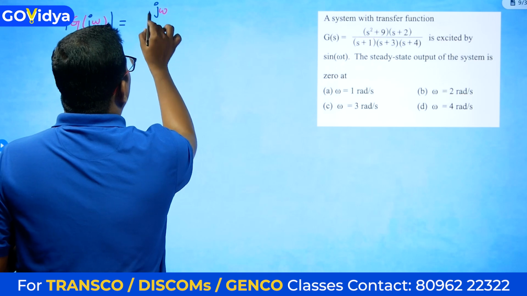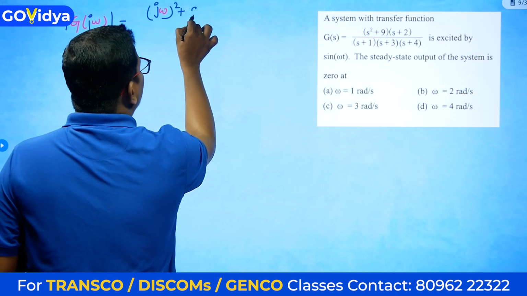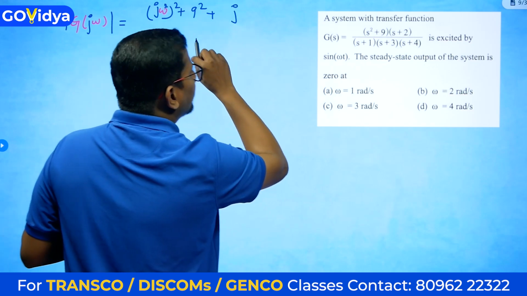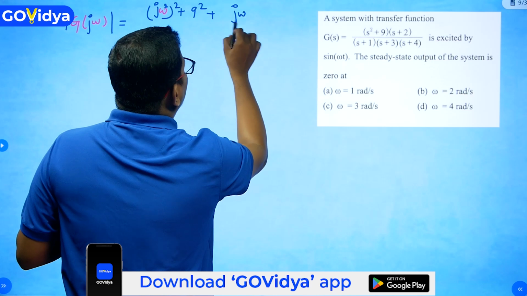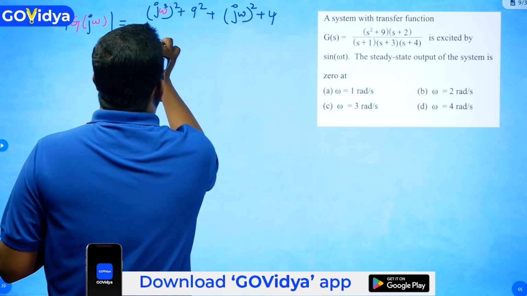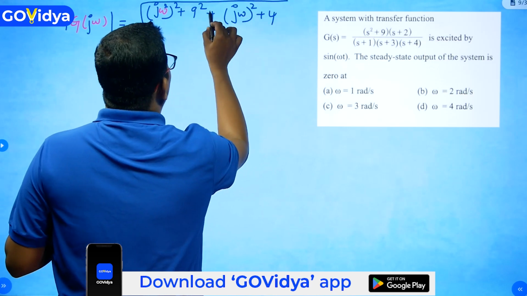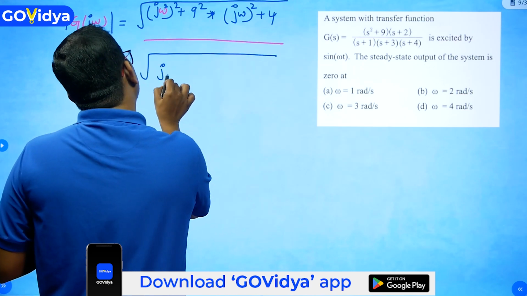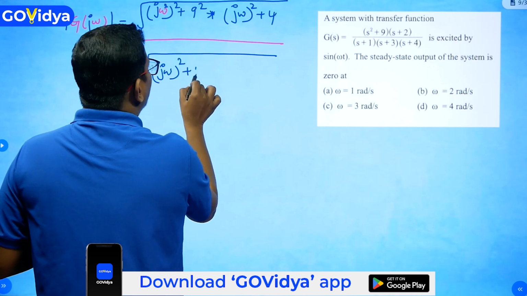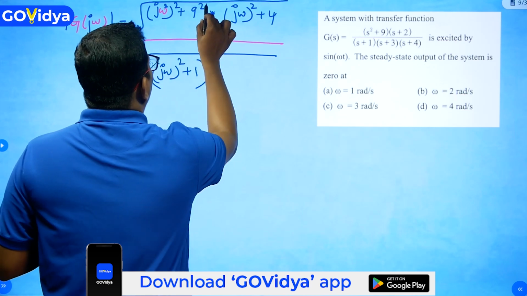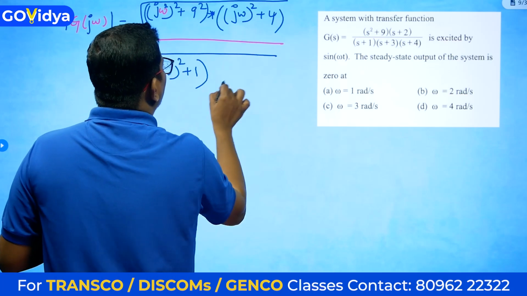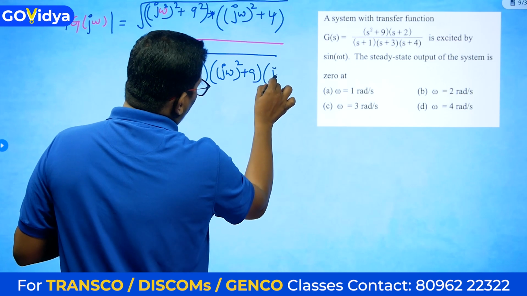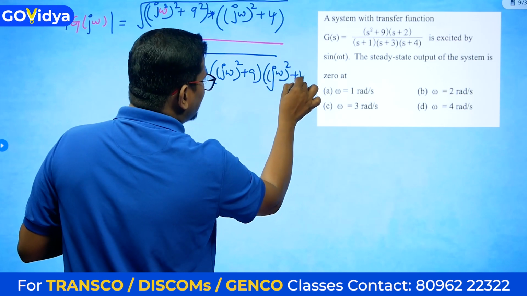Magnitude is the square root of ((jω)² + 9)² times ((jω)² + 4), whole divided by the square root of ((jω)² + 1)((jω)² + 9)((jω)² + 16).